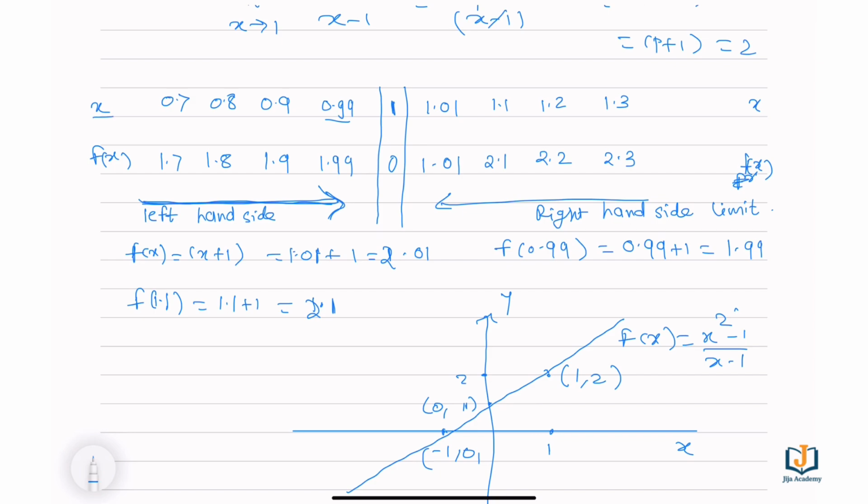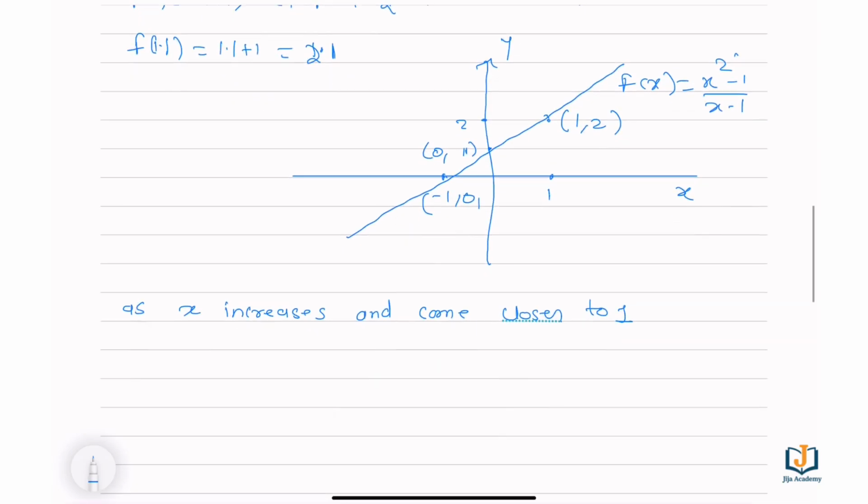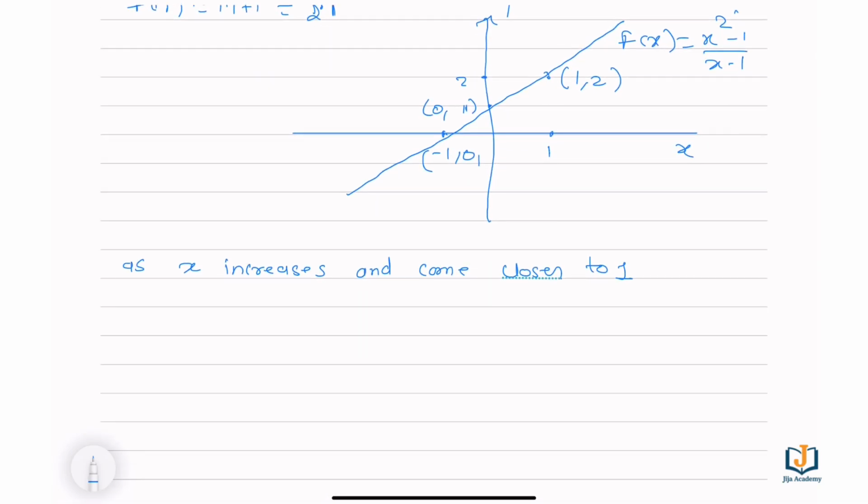This x comes closer to 1. This f of x increases and is limited to 2, 1.99.